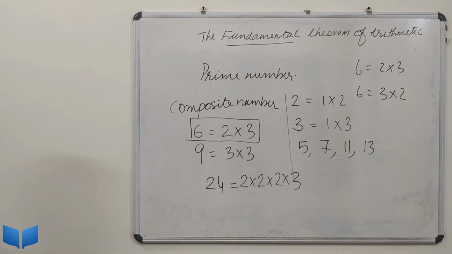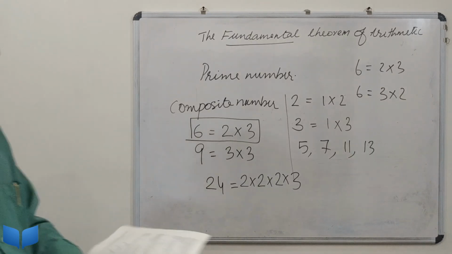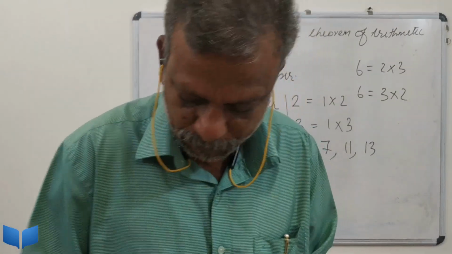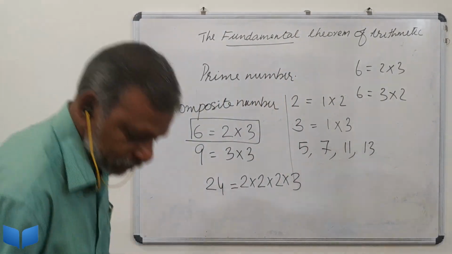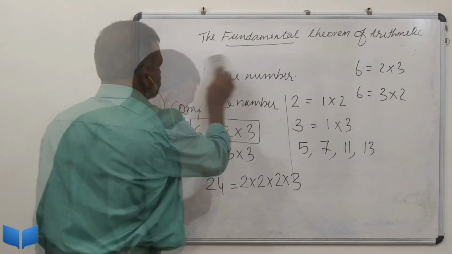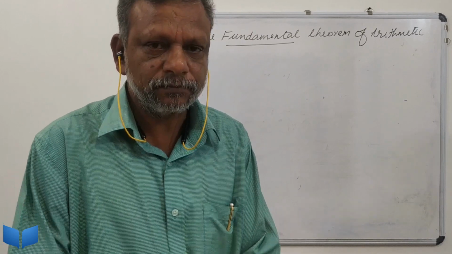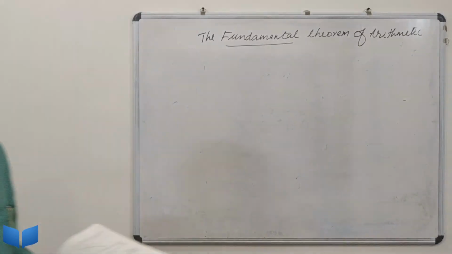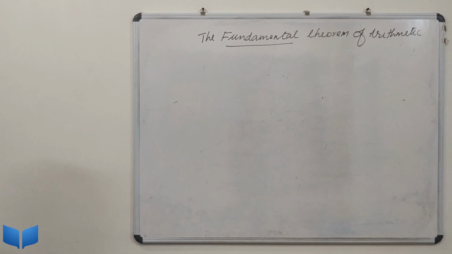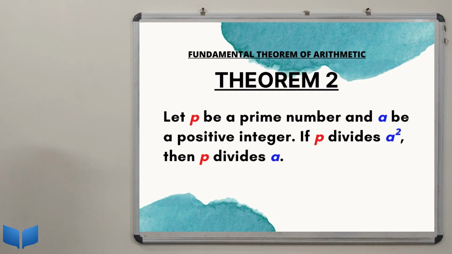And another theorem, the second theorem is, let P be a prime number and A be a positive integer. If P divides A squared, then P divides A.